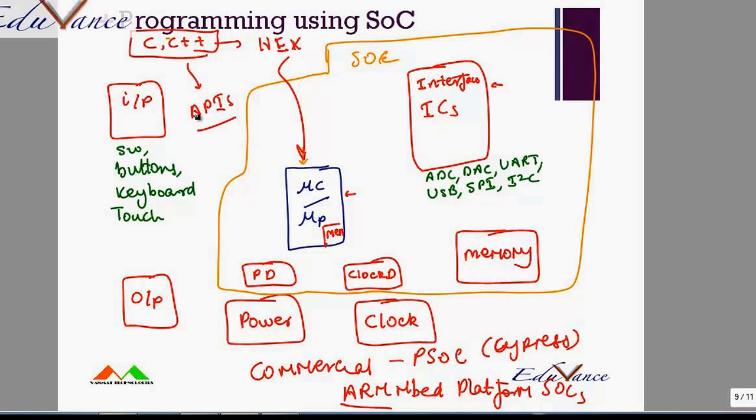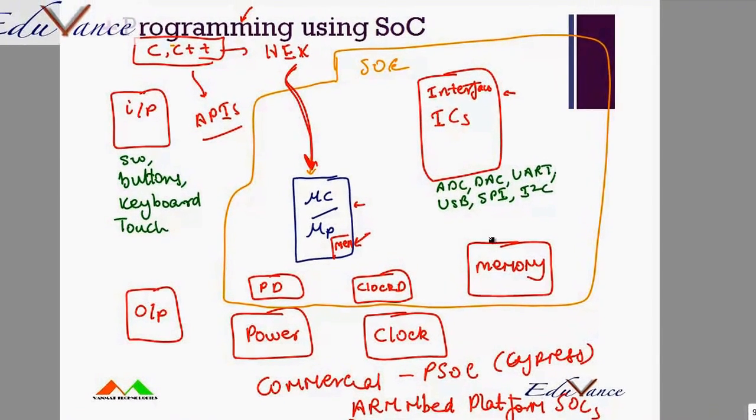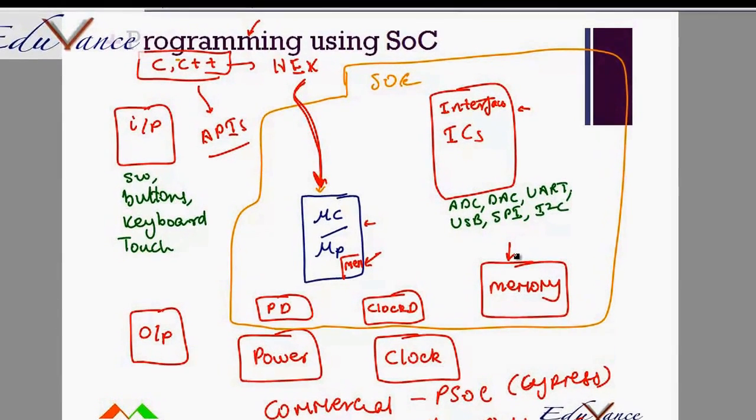What do we mean by APIs? But before that, I would like you all to understand that programming using an SOC is typically the same: you are writing a higher level program and then you are putting the hex code either in the memory of the microcontroller or the memory of the SOC. Okay.